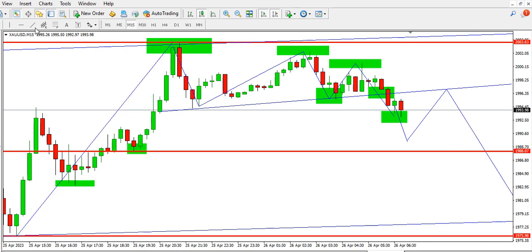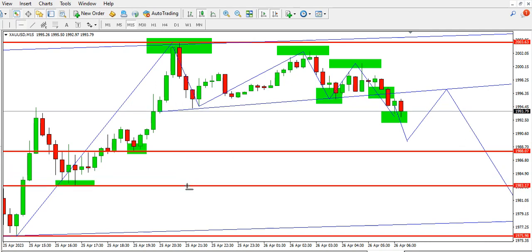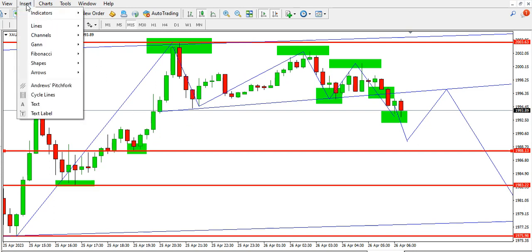Okay, after this low we have another low here. If price drops to this low and breaks it, we have other buyers who will be waiting here again. So for now buyers are waiting around here to take price up, because this is an order block.